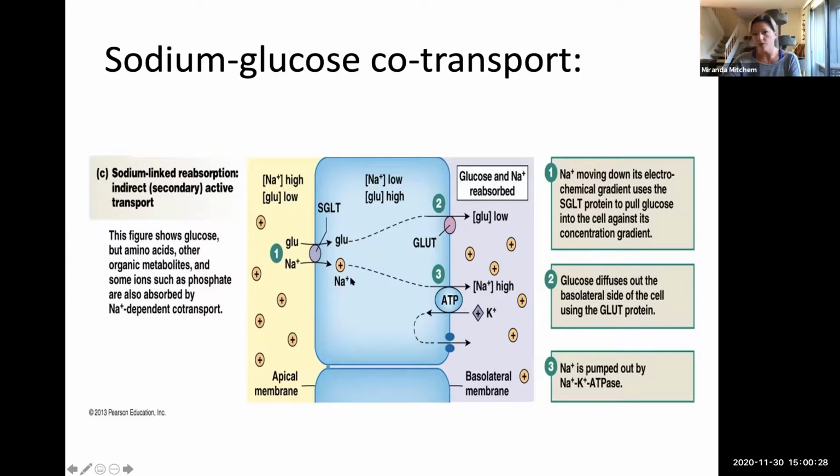Sodium is going to run through the sodium pump and bring potassium back in. And then of course, we've got our other leak channels that we learned about earlier in the semester. So sodium, following its gradient, is able to pull glucose into the cell against its concentration gradient. And then the glucose diffuses out that basolateral side, allowing the sodium to take action through that sodium potassium pump. So glucose transport is dependent on the sodium gradient here.